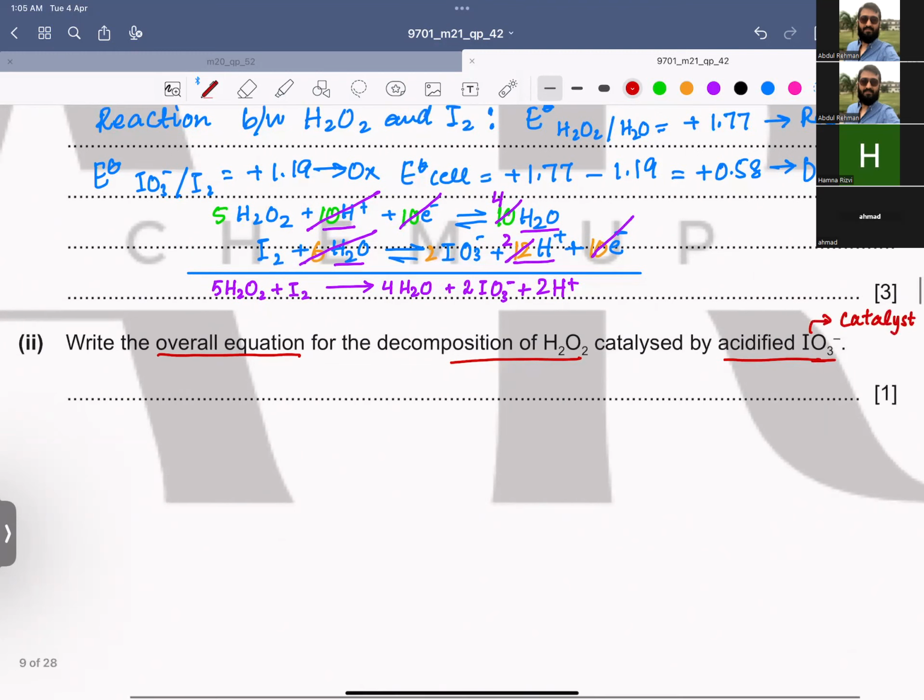So it means that for H2O2, here I can write IO3 negative to show its catalytic activity. And whenever H2O2 decomposes, it forms water and oxygen. To balance the equation, I have to put half. Is this clear? Yes, sir.